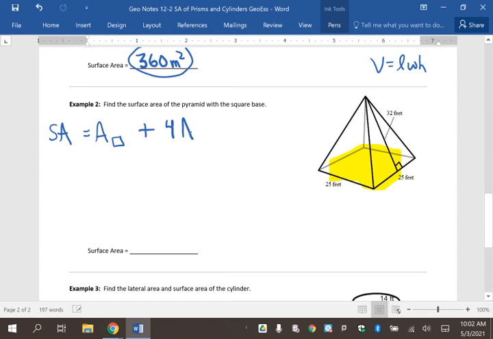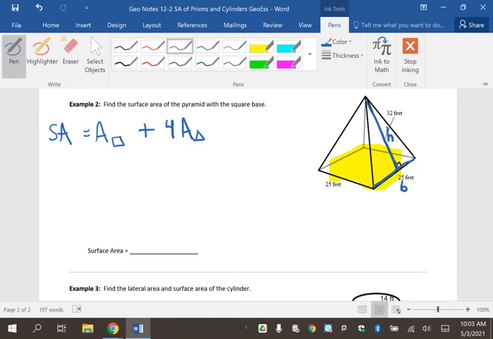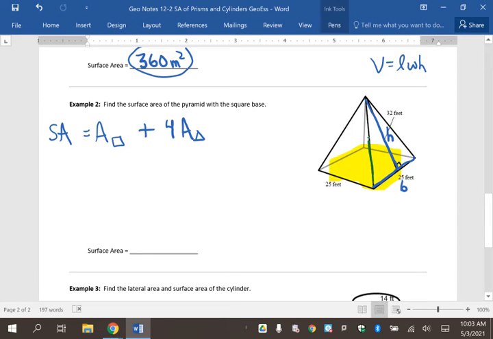So we're going to add up 4 areas of triangles. Let's identify this as the height of your triangle, and this is the base of one triangle, and there are 4 of those triangles. Again, let me show it to you a little easier by highlighting this one triangle, and there are 4 of those triangles.